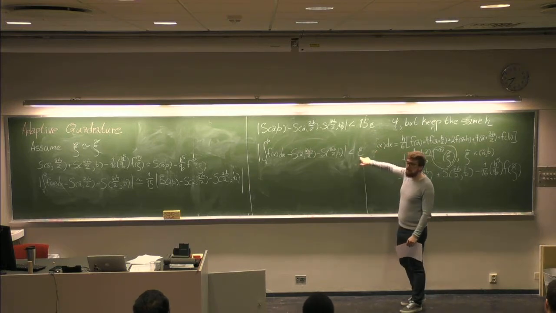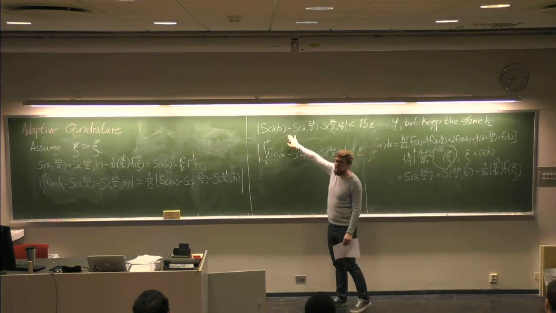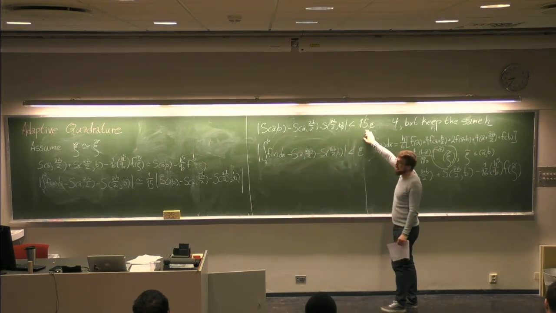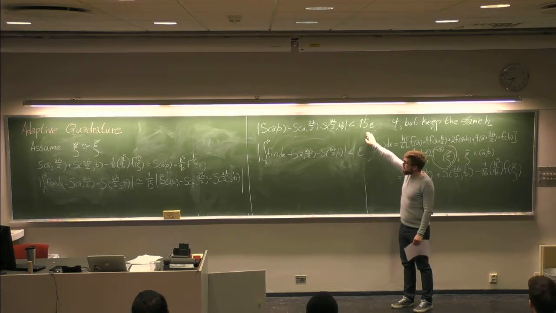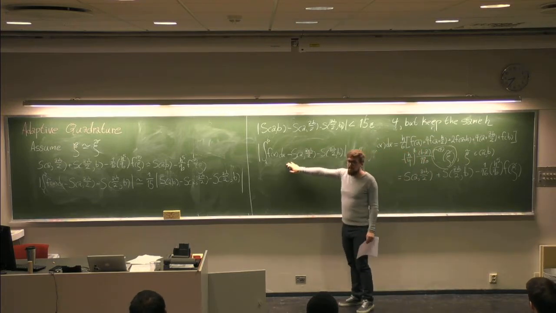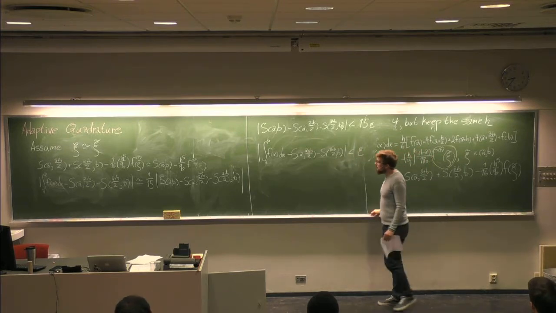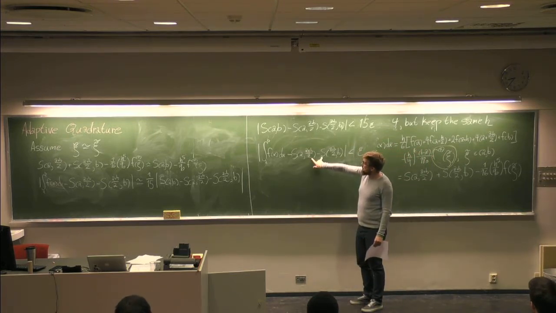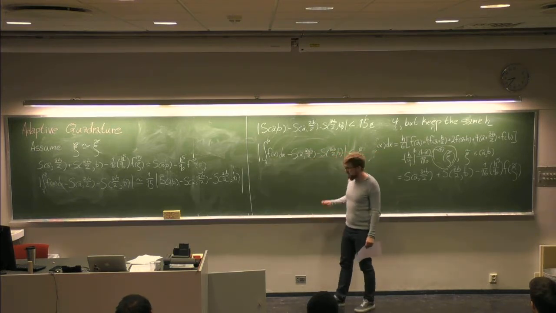Since this is a tolerance, if this expression is less than 15 times the tolerance, then we can say that the integral error is actually less than the tolerance, meaning that splitting it in two approximates the integral in a better way.